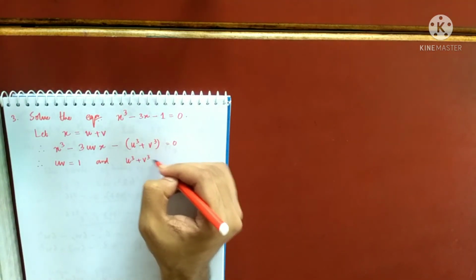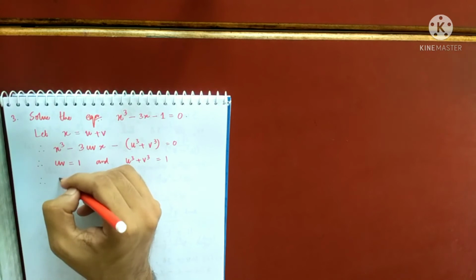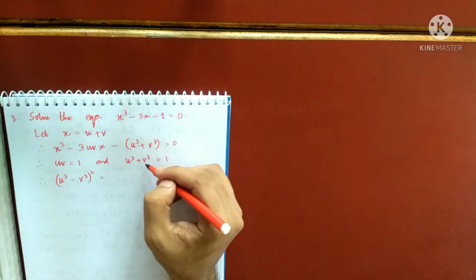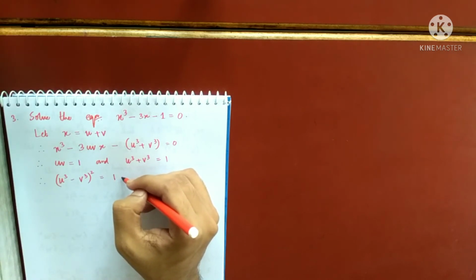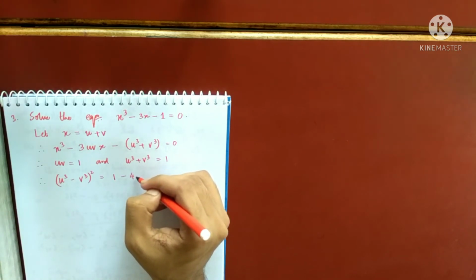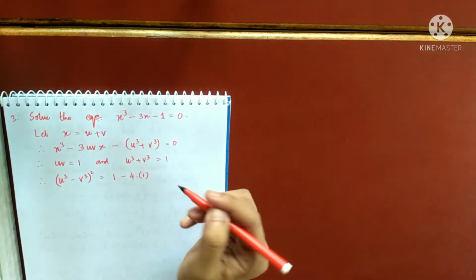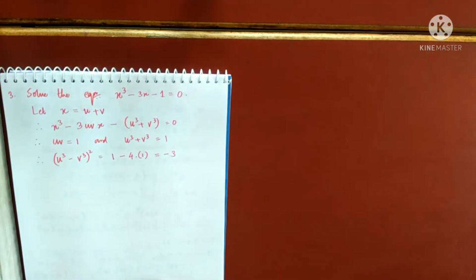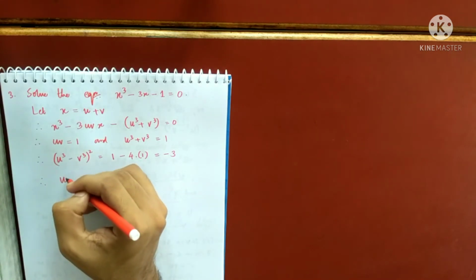So u times v equals 1, and on comparing, u cube plus v cube is also 1. So (u cube minus v cube) whole square will be (u cube plus v cube) whole square, which is 1 only, minus 4 into (uv) cube, which is again 1, which is minus 3. So this time the value of u cube minus v cube is coming as imaginary.